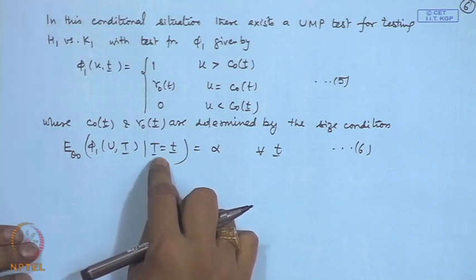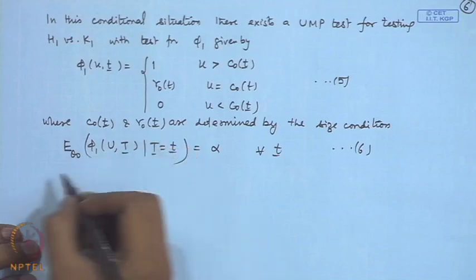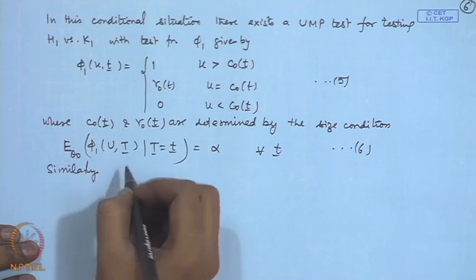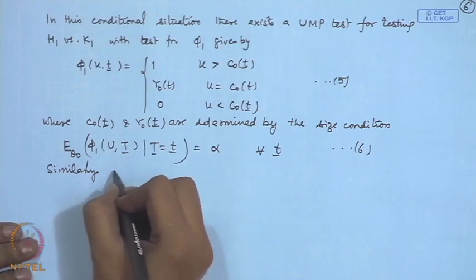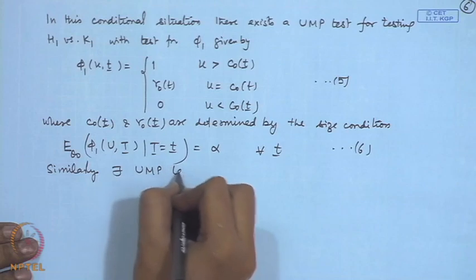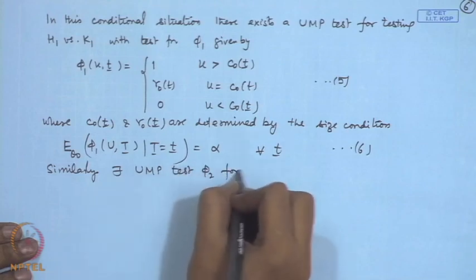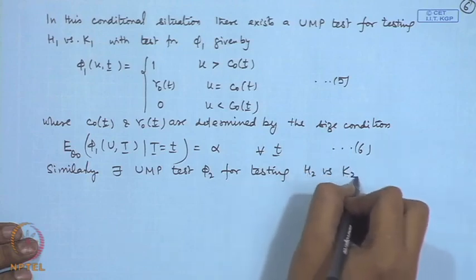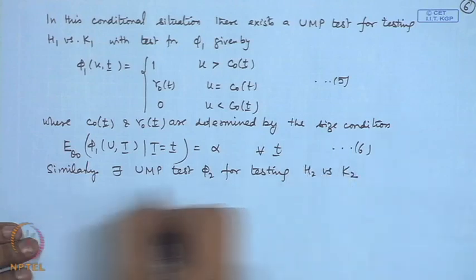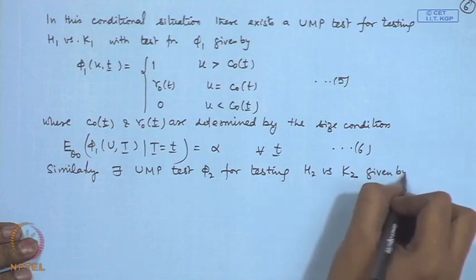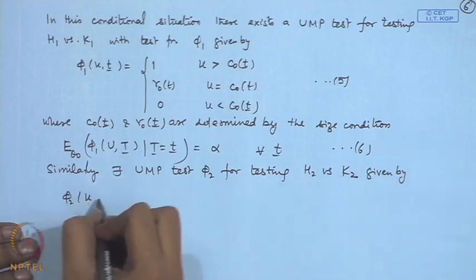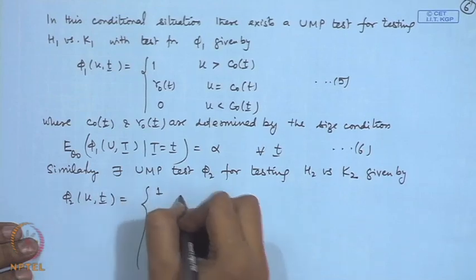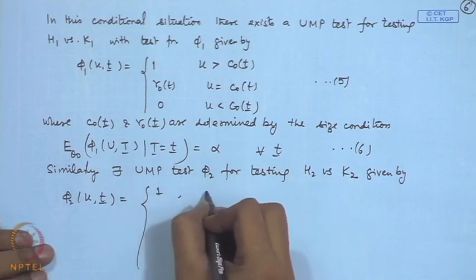In a similar way, if we are considering H 2, similarly, there exists a UMP test, say phi 2, for testing H 2 versus K 2, given by phi 2 u t is equal to, let me describe these things in detail, so that the dependence on t is clear.